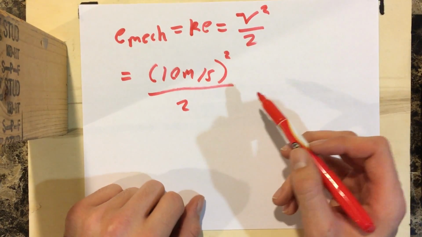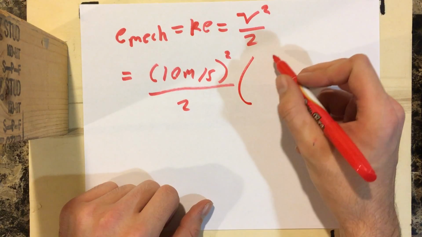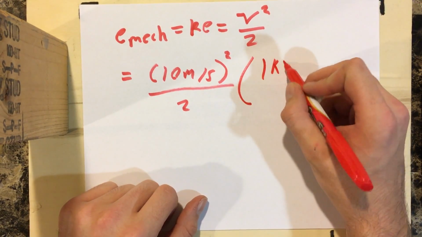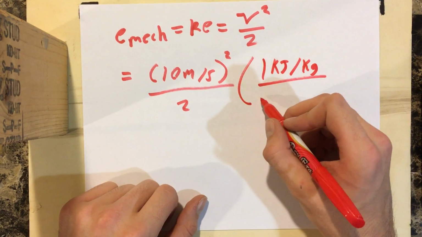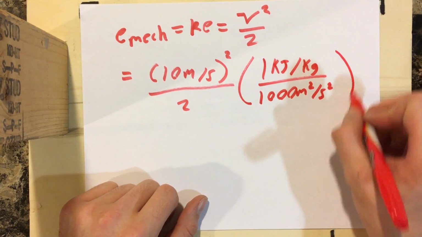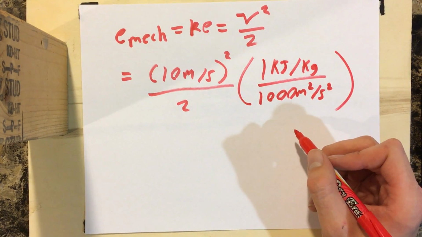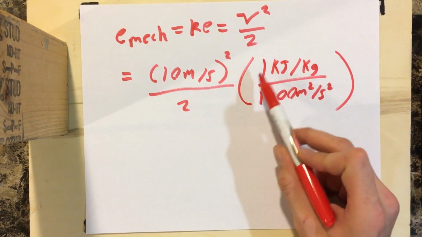And that's not really what we want. We want the energy. So in order to get energy, we can multiply it by 1 kilojoule per kilogram over 1,000 meters squared per second squared.